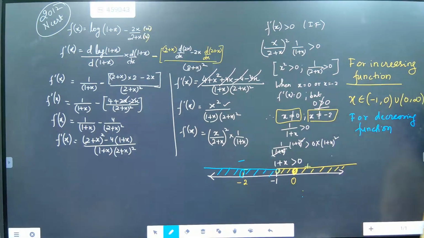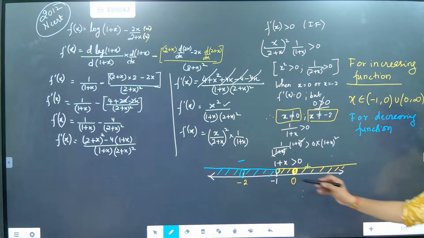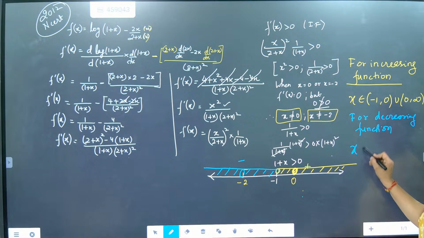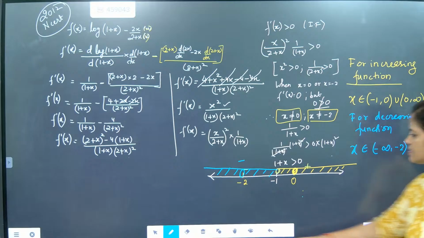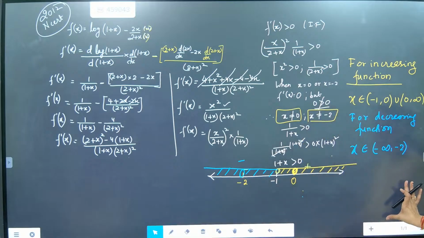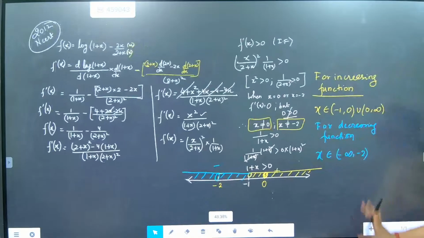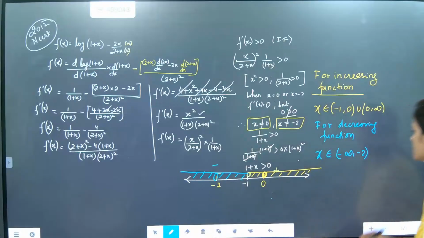Most of the technical questions are still left, and we have not touched them. So for the decreasing function, x will belong to minus infinity to minus 2, and then minus 2 comma minus 1.